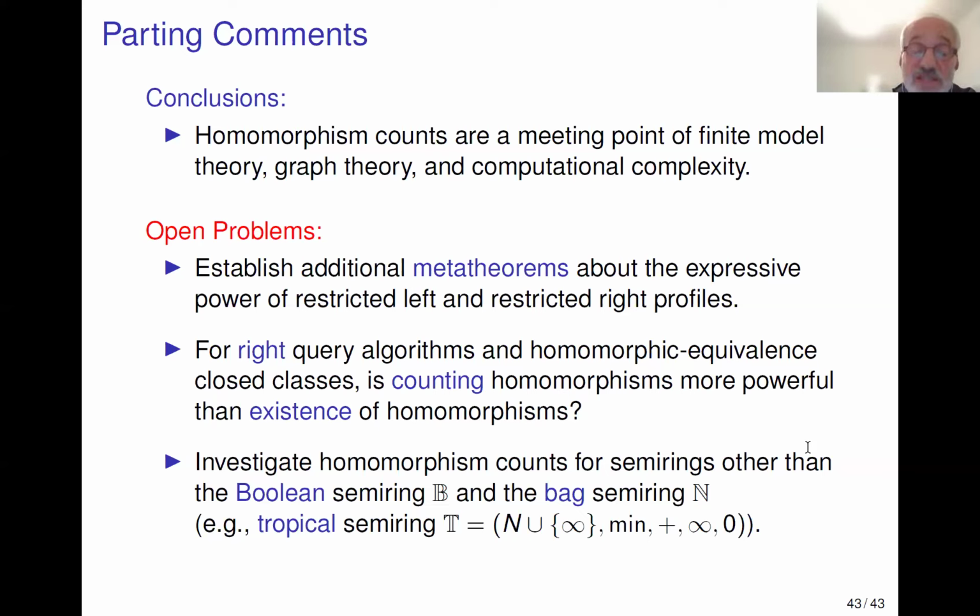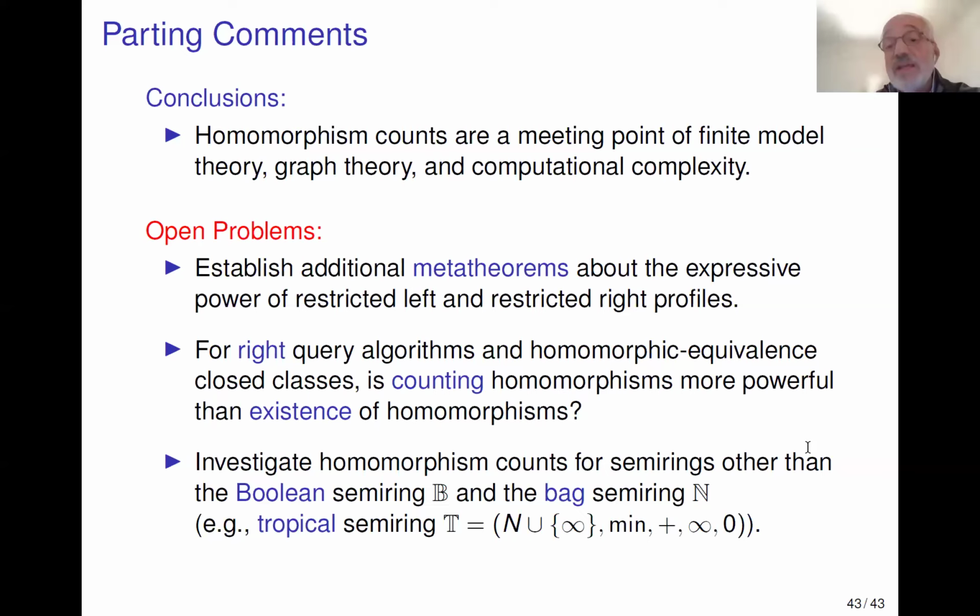The result I showed you, that counting doesn't buy you anything over existence, was about left query algorithms. We don't know what happens over right query algorithms. And last but not least, we focused here on homomorphism counts over the natural numbers and over the Boolean semiring.